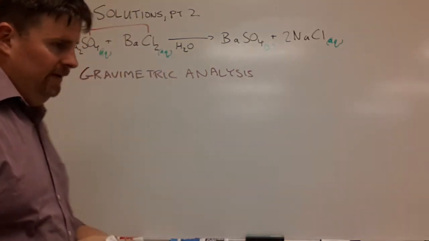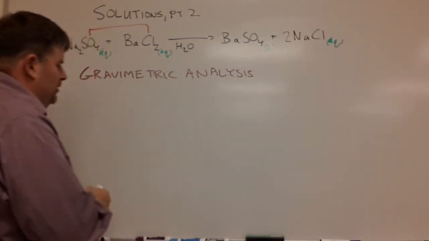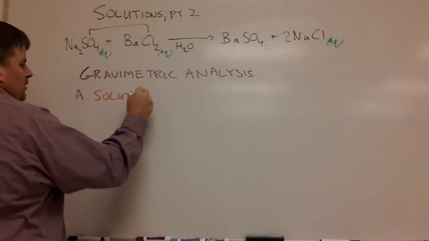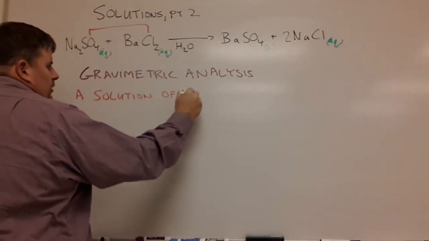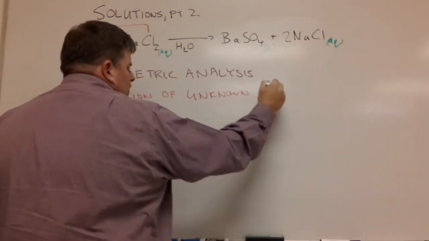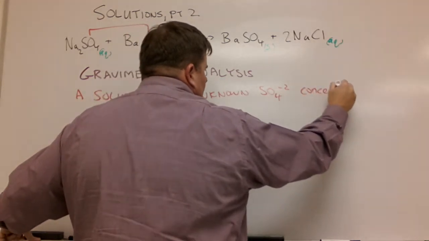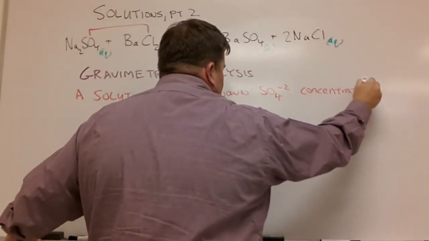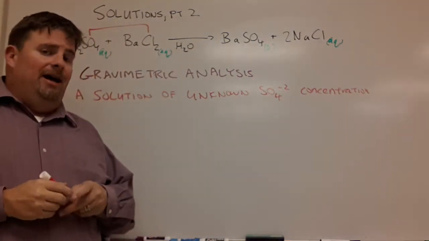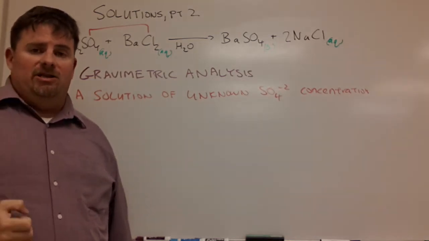Okay, let's demonstrate. So suppose, in a word problem, that I have a solution of unknown sulfate concentration. All right? So I have an unknown amount of sulfate that's in a solution. I've decided that I'm going to add barium chloride to the solution in order to get as much of that sulfate out.